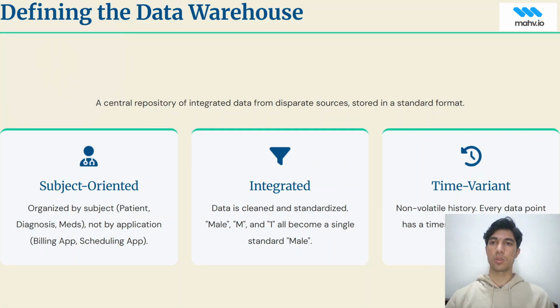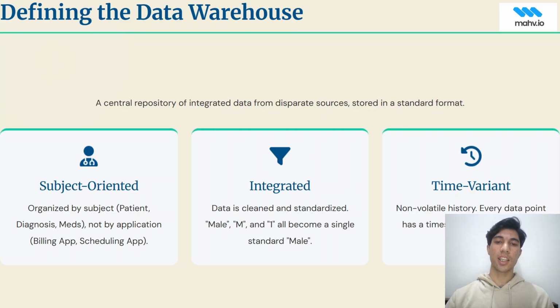So then we move to what a data warehouse is. The definition of a data warehouse is basically a central repository of integrated data from different sources stored in a standard format. First, in healthcare, it is subject oriented, which means the data is organized by subject, which could be patient, diagnosis, medicine, not by application, like a billing app or scheduling app.